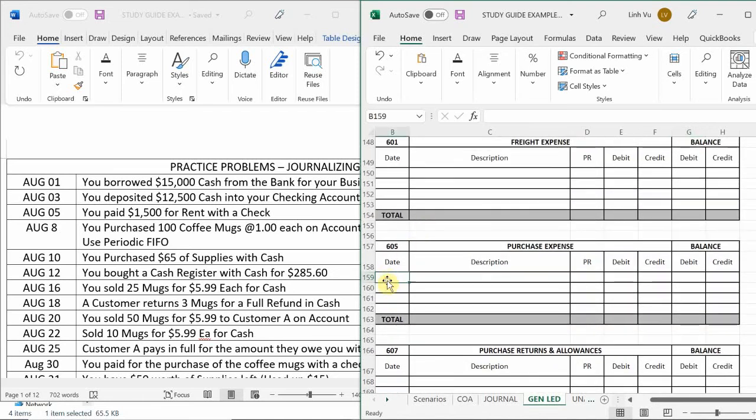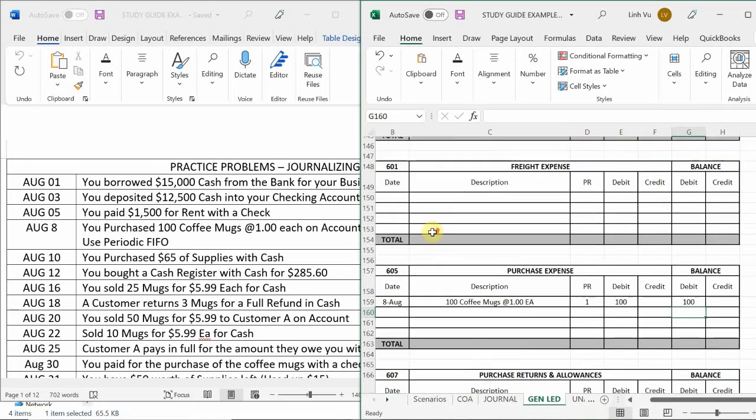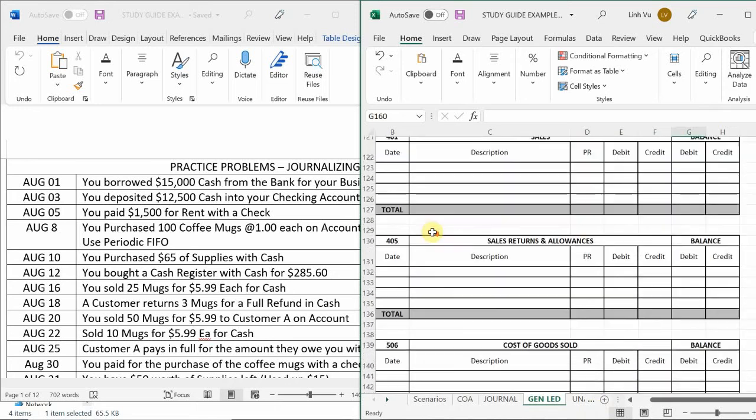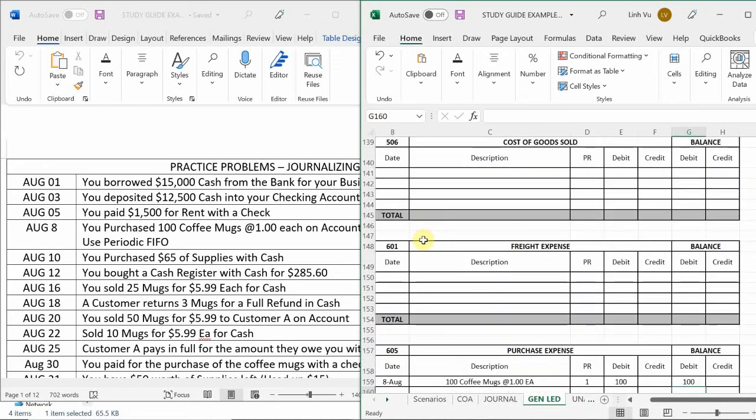Here's 605 purchase expense. Okay. We got freight expense for 100 coffee mugs for $25.